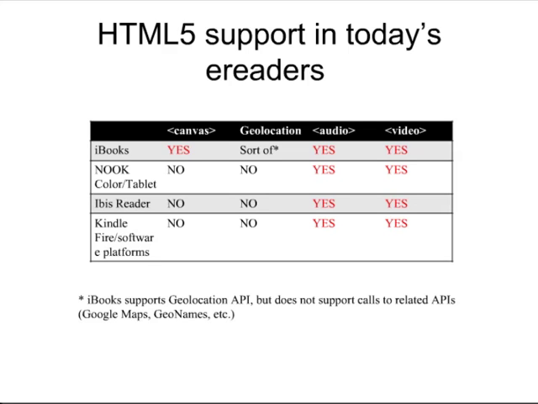The e-reader with the most HTML5 support is the iBooks reader. iBooks has really strong support for Canvas and has support for native audio and video. And for geolocation, I've indicated sort of. The iBooks reader supports the HTML5 geolocation API, and you can get a user's location coordinates. But what iBooks doesn't support is outside internet calls when you're inside a book.